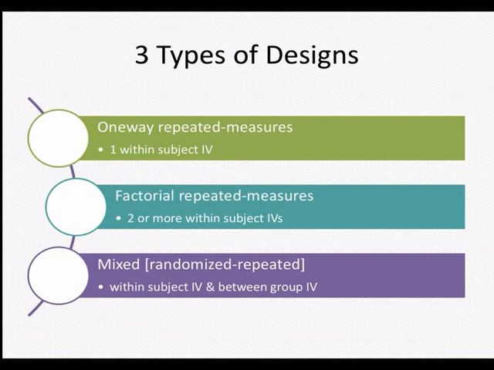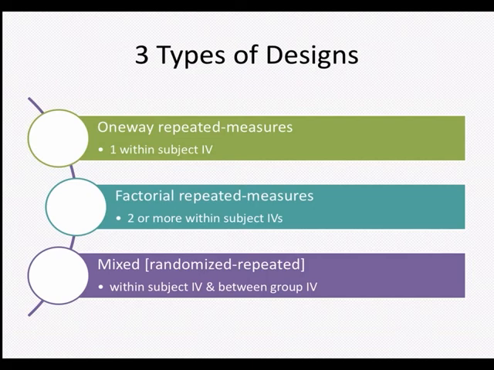I'll give you examples when we get to that unit. And then there's a mixed design, and the mixed design is that there's two IVs, and one IV is a repeated measure IV, and then the other IV is a between group IV. It's a randomized assignment between group IV.